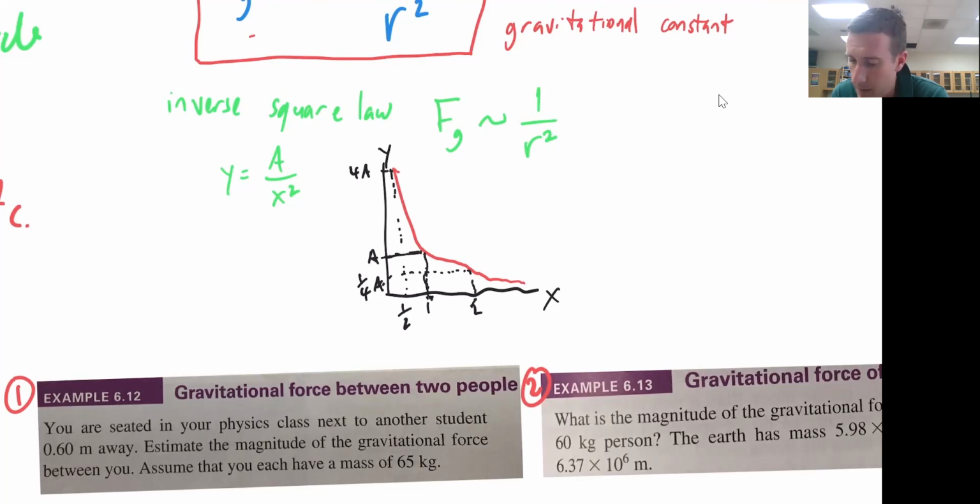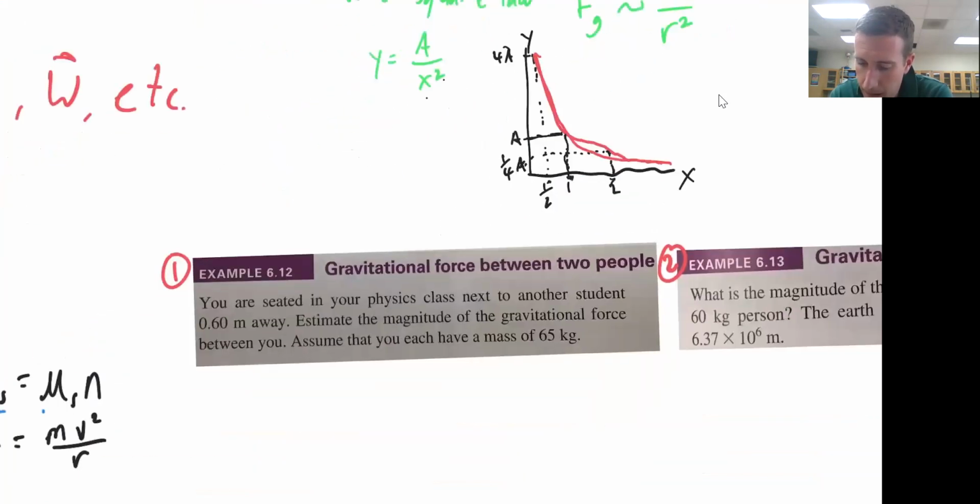So 2 gives me 1/4. If I cut my x value in half, a over 1/2 squared, a over a quarter, is equal to 4 times more. So that's 4a. So I end up with this little inverse square graph here that's not very nicely drawn, but pretend that it's nice and smooth and tracks more clearly. And there you go.